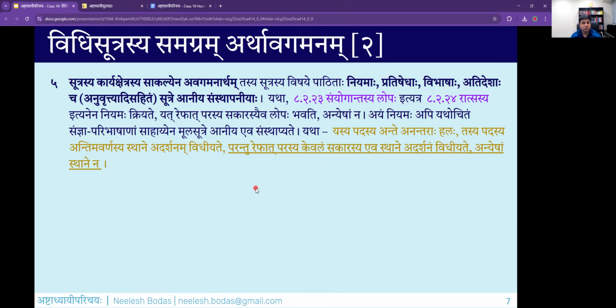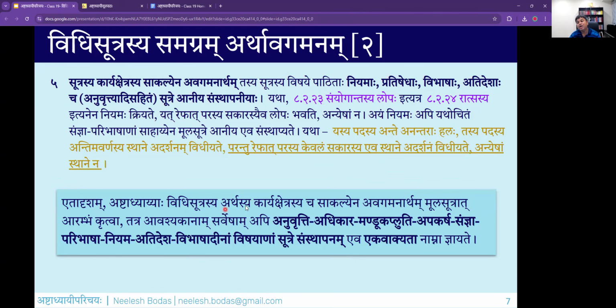So in order to understand this sutram, any sutram like this completely, Ashtadhyayaha vidhisutrasya arthasya तथा च कार्यक्षेत्रस्य साकल्येन अवगमनार्थं मूलसूत्रात् आरम्भं कृत्वा तत्र आवश्यकानां सर्वेषाम् अपि अनुवृत्ति अधिकार मंडूकप्लुति अपकर्ष संज्ञा परिभाषा नियम अतिदेश विभाषा इत्यादीनां विषयाणां सूत्रे संस्थापनम्, whatever we did in the last 5 steps, तस्य नाम एकवाक्यता इति अस्ति.